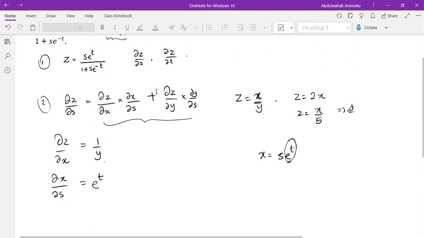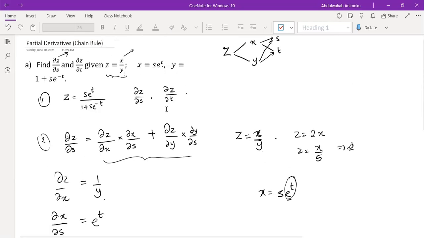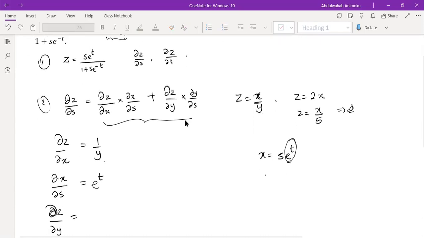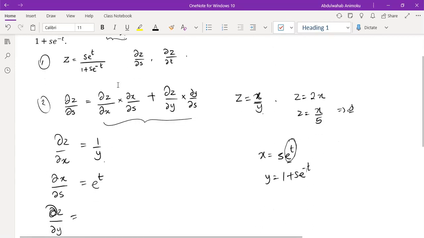Okay, let's move to the other one, which is del z del y. Y is 1 plus s e raised to power minus t, so let's write y equal to 1 plus s e raised to power minus t. Now, z is x over y, and we have to be careful how we solve this particular one.